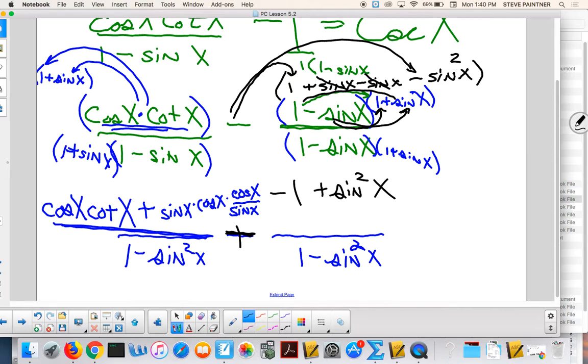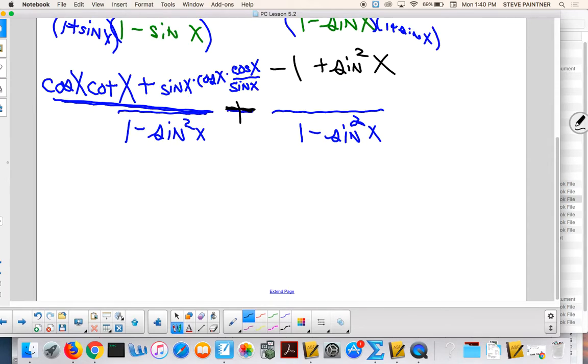So the numerator is all up there. What do you notice about this little mess? Sines are going to cancel, aren't they? So sine is out with sine. What's cosine times cosine? Cosine squared.